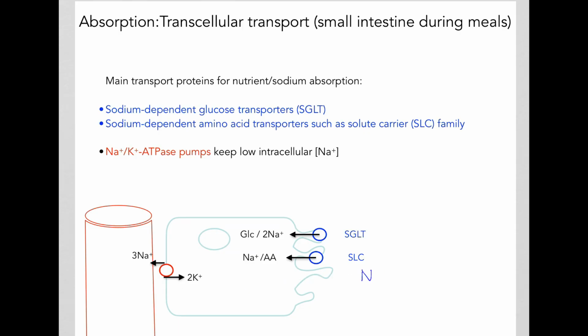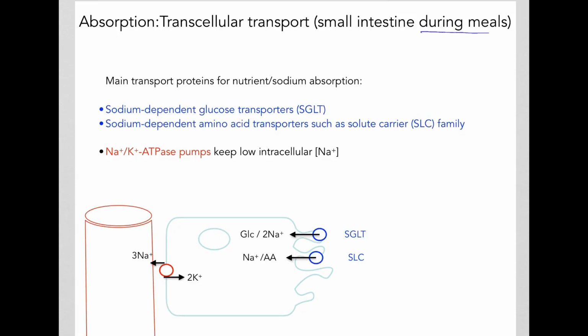Now, sodium is a very water-soluble substance, so there is no way it's going to cross the hydrophobic plasma membrane of the cells. So it has to be taken up by special transport proteins for sodium.